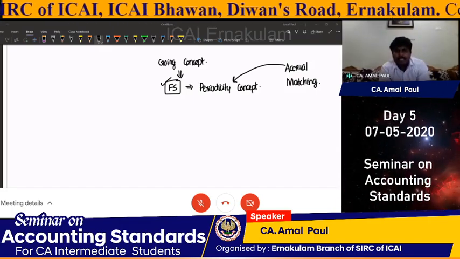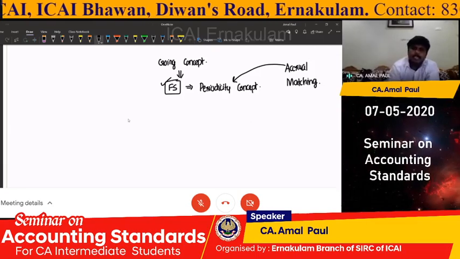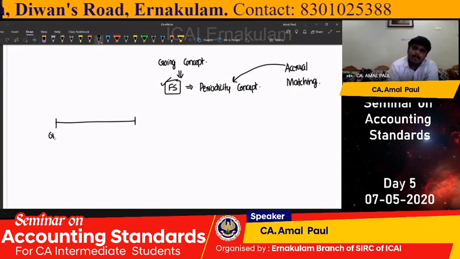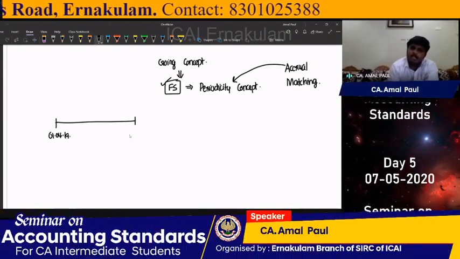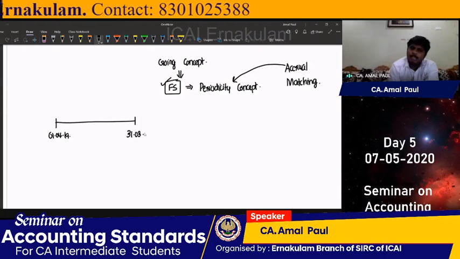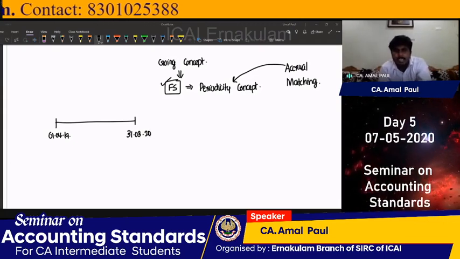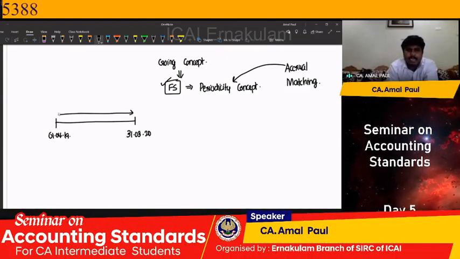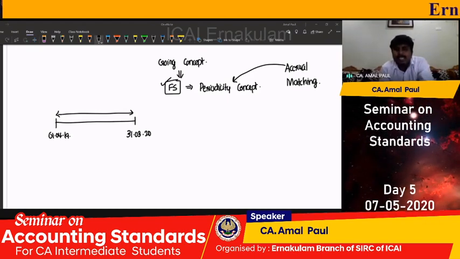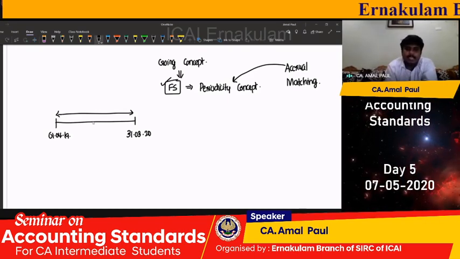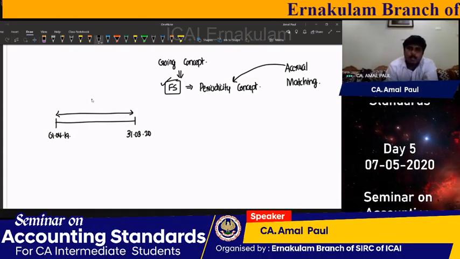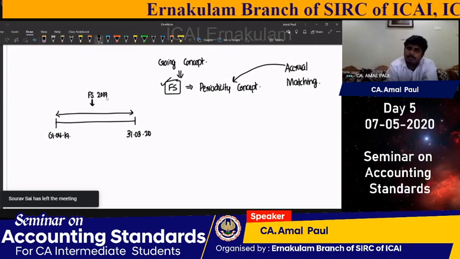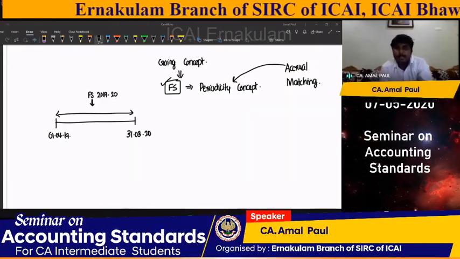Likewise, when we are preparing financial statements for 2019-20, whatever events have happened and whatever transactions have happened in this period will be reflected in the financial statements for 19-20. This is our basic principle.